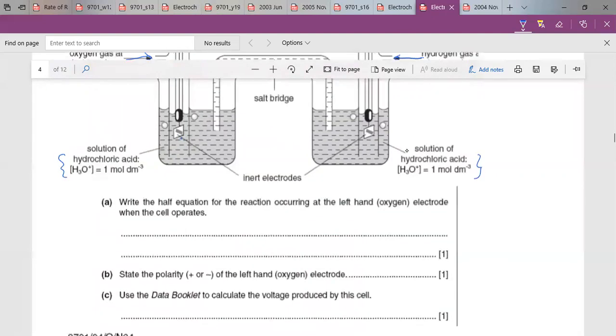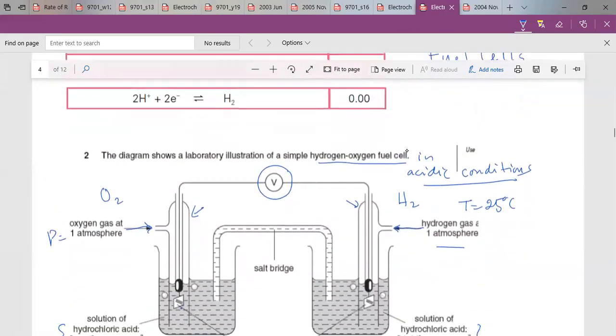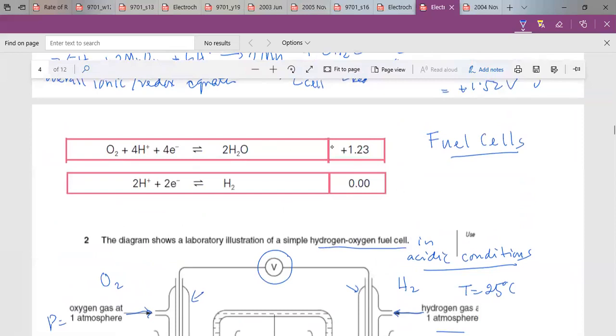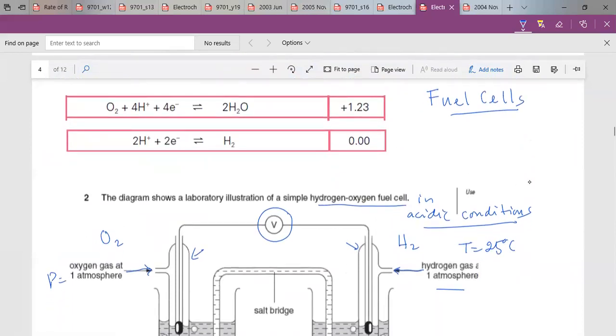Right here, I cut and pasted for you already. Remember, who is positive? First, you must identify the poles. First thing is poles. Second, write the ionic equation. Third, the overall equation.